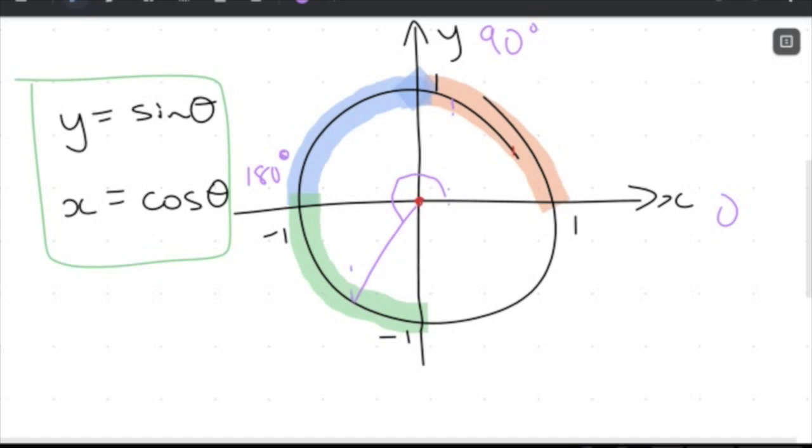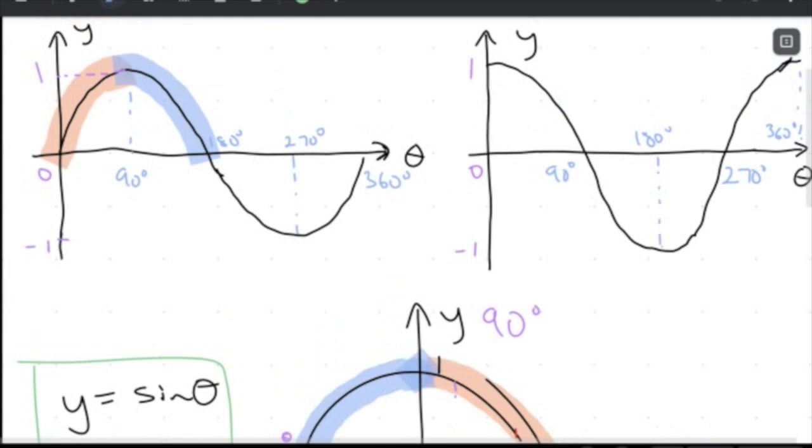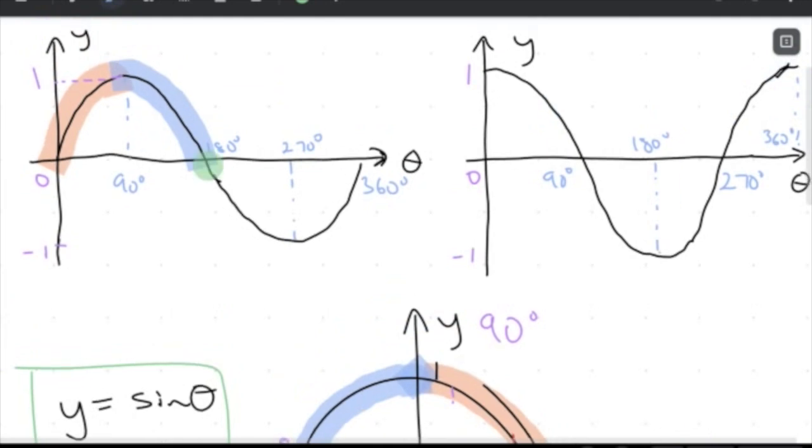So if I set up my ratios, I have something negative y over 1. So my value is getting smaller and smaller until it reaches a minimum of negative 1 down here. And that's exactly what happens in my sine graph. We keep going until we hit a minimum of negative 1.